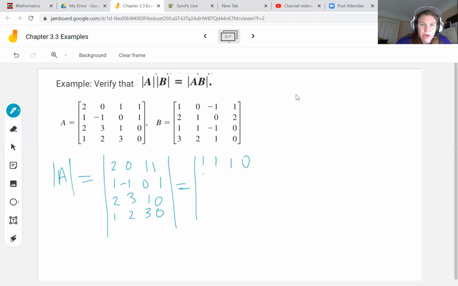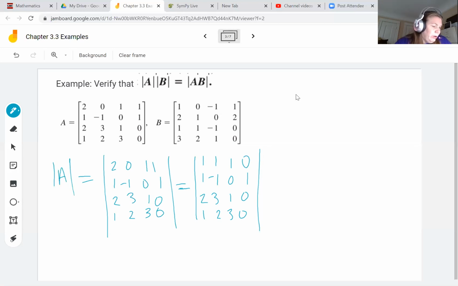The second row doesn't change. The third row doesn't change. And of course, you could do the determinant in SymPy as well. I'm just working this by hand. All right, so you see here, we were able to get here by taking, it looks like we subtracted row 3 to get to this one.